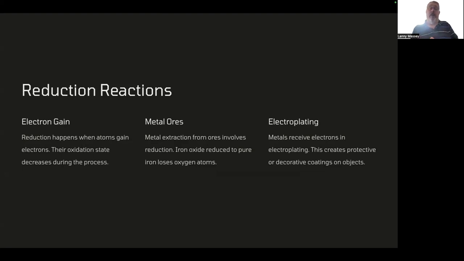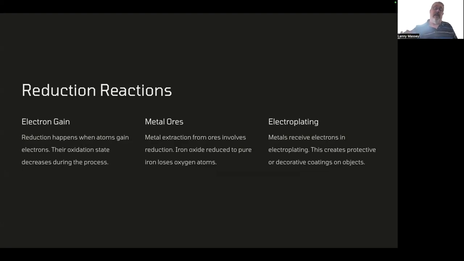When we start dealing with metals, metals tend to want to lose electrons. With that said, that makes them positively charged. And because of that, if you look at a periodic table, you see a kind of staircase over on the right-hand side.